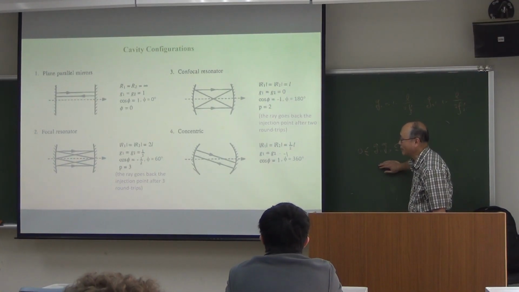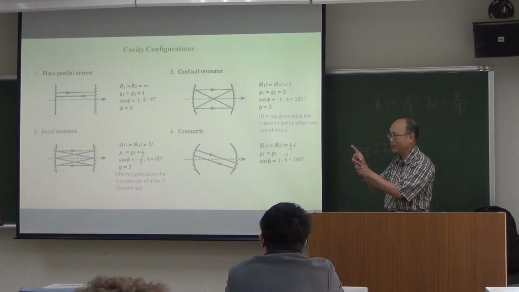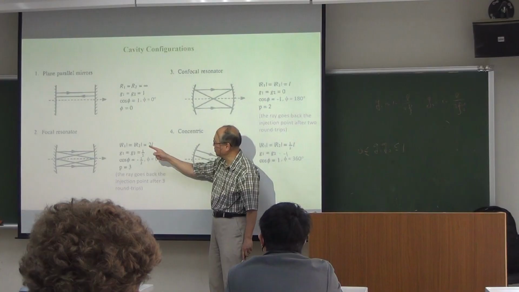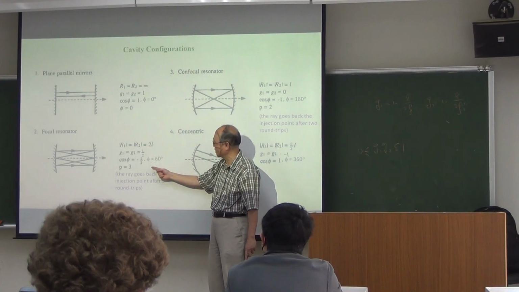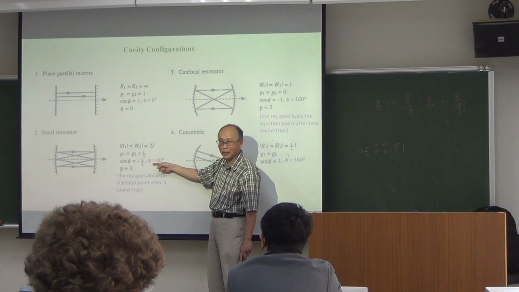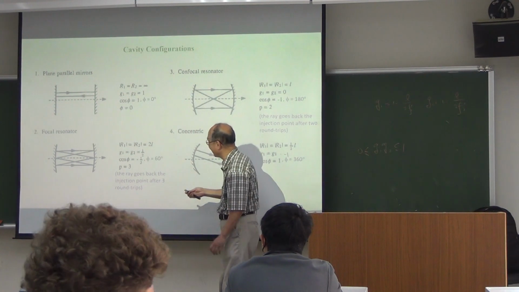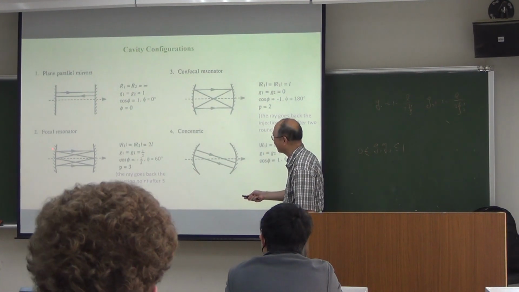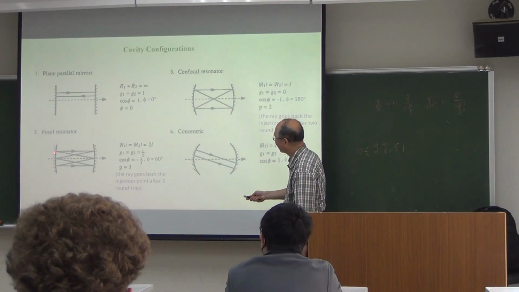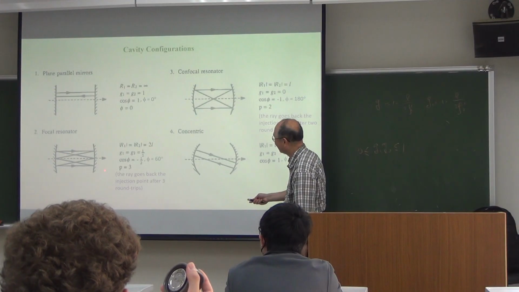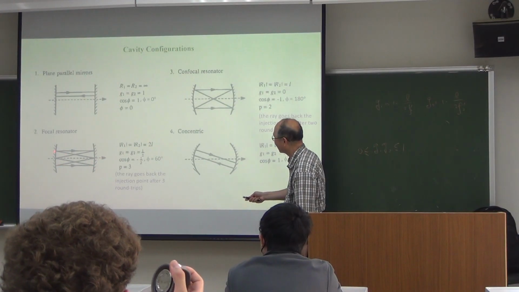And then you can calculate the phase advance due to one wave propagation, that is 30 degrees. Okay? So if you want to come back to the same location, then you go like this: 1, 2, 3, 4, 5, 6.